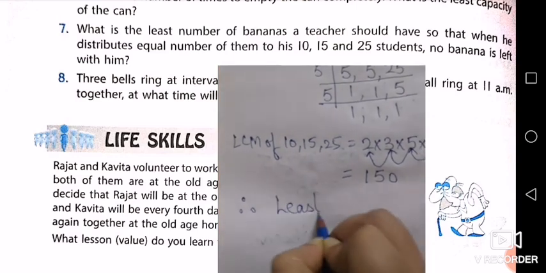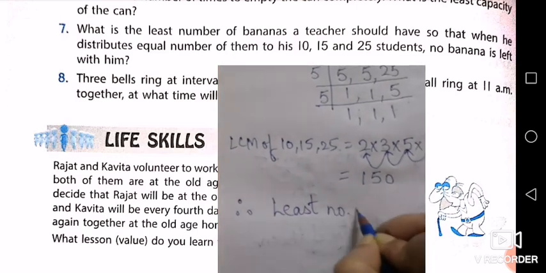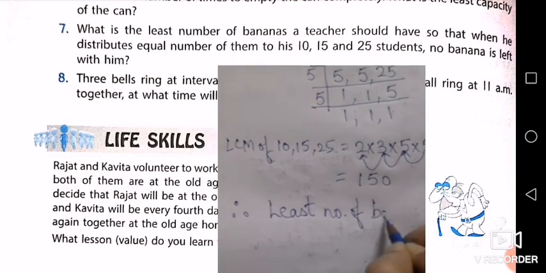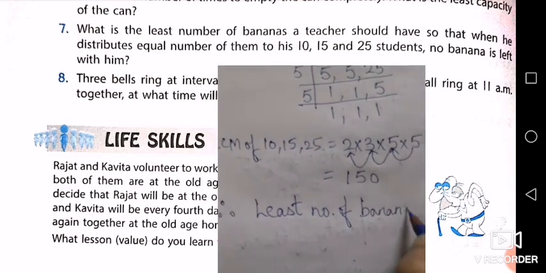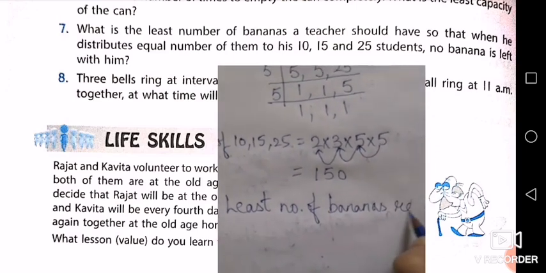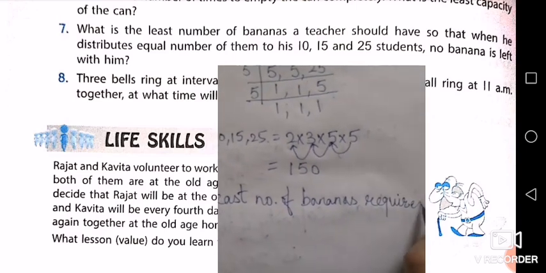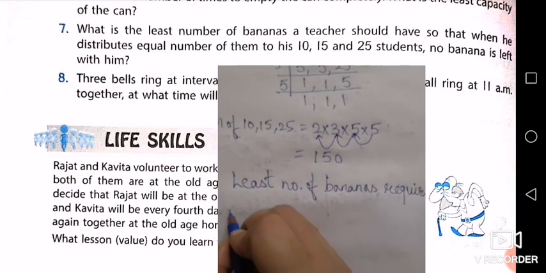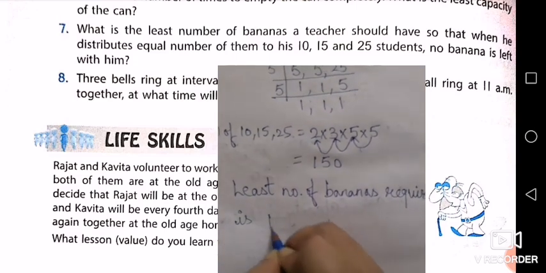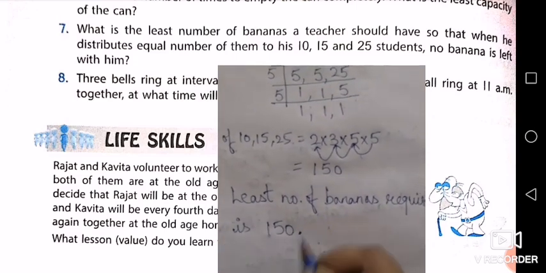So, therefore, the least number of bananas required is 150.